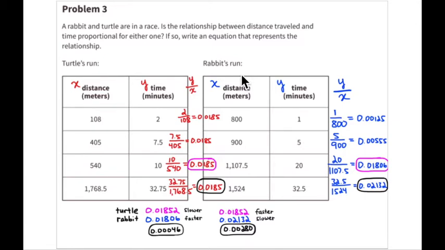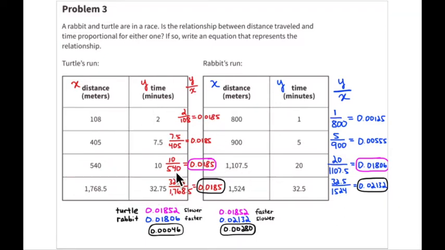So that is not a constant rate. So there is no constant of proportionality for the rabbit's run. Even though the rabbit runs much faster, you know from the story that the rabbit eventually gets very tired and slows down. So we're going to take a look at those things within these numbers.